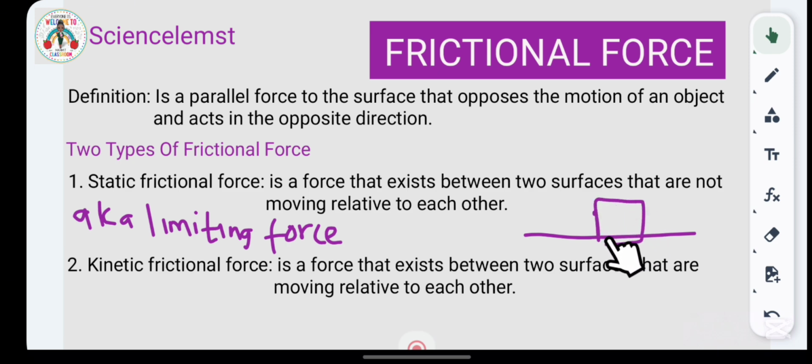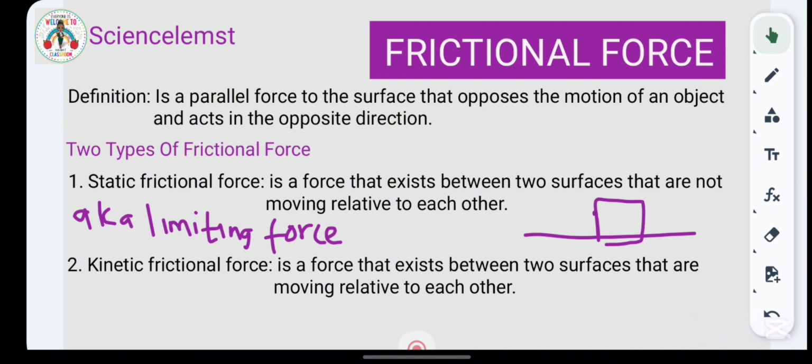Okay, so if the object is stationary, it does not mean it's not experiencing frictional force. It is experiencing frictional force, and the type of frictional force that it is experiencing is static frictional force. Think about it. If frictional force was not there, if the force that opposes motion was not there, it means that the object will just slide.